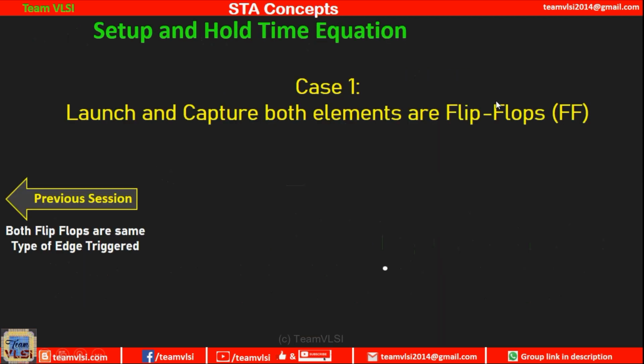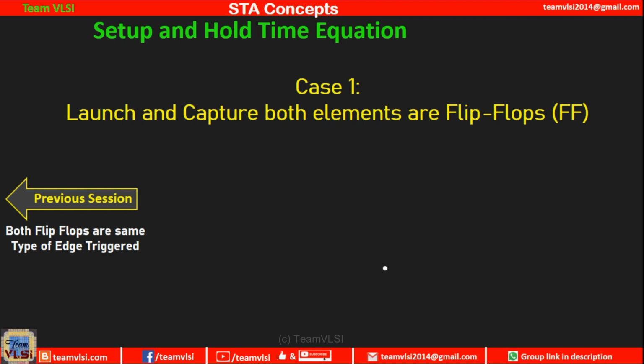In the previous session we discussed the case where launch and capture elements are both flip-flops of the same type, that is either both are positive edge triggered or both are negative edge triggered.